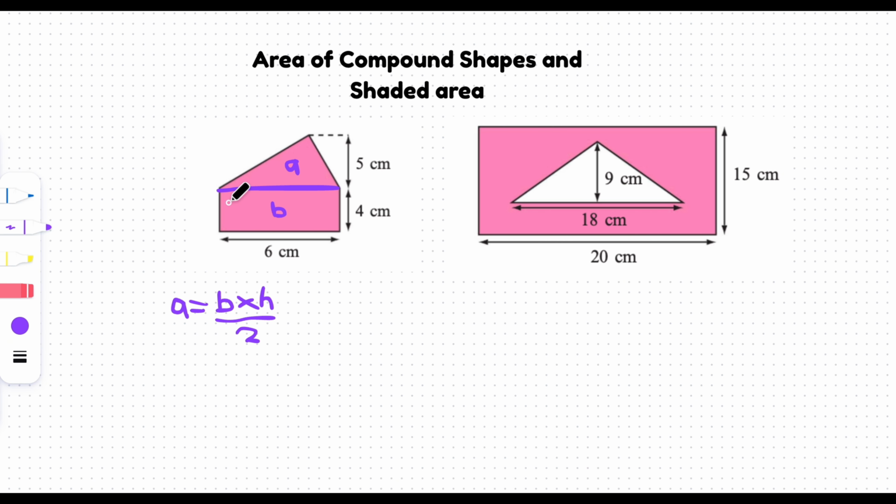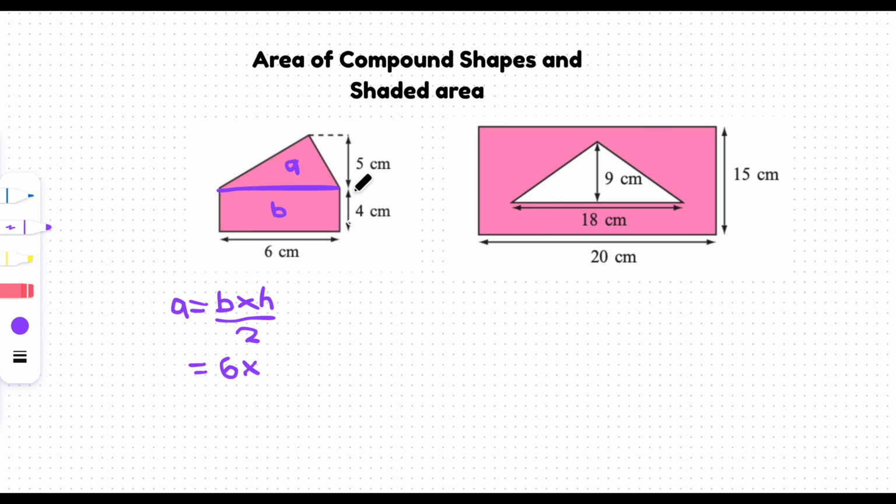All right, cool. So our base is what? The base is the bottom part of the triangle. If we look down here, the base is also 6. So we see that the distance of the base of our triangle is 6. So we put there 6 times the height. The height of the triangle alone is 5.